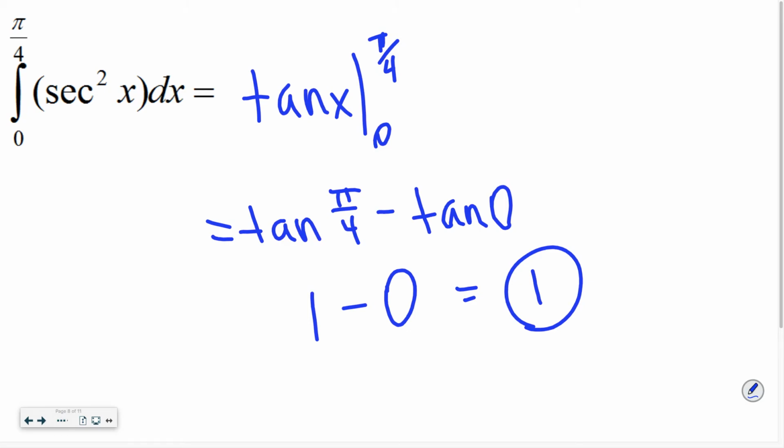So 1 over cosine squared. Close the cosine, close the denominator.